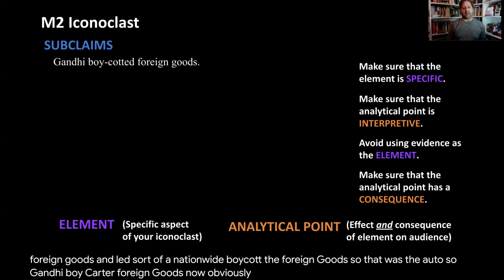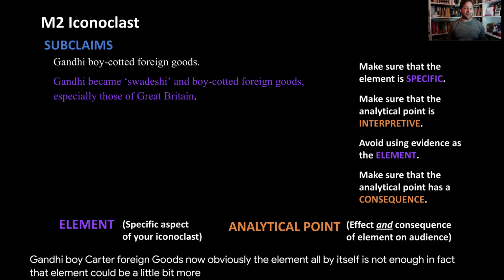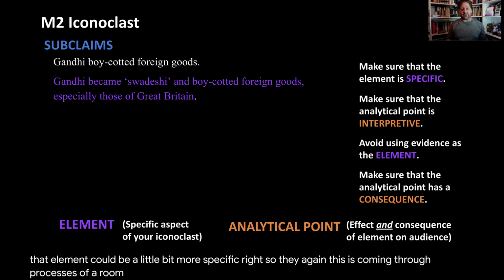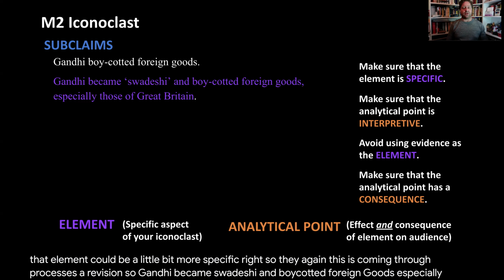Now, obviously the element all by itself is not enough. In fact, that element could be a little bit more specific, right? And again, this is coming through processes of revision. So Gandhi became Swadeshi and boycotted foreign goods, especially those of Great Britain.